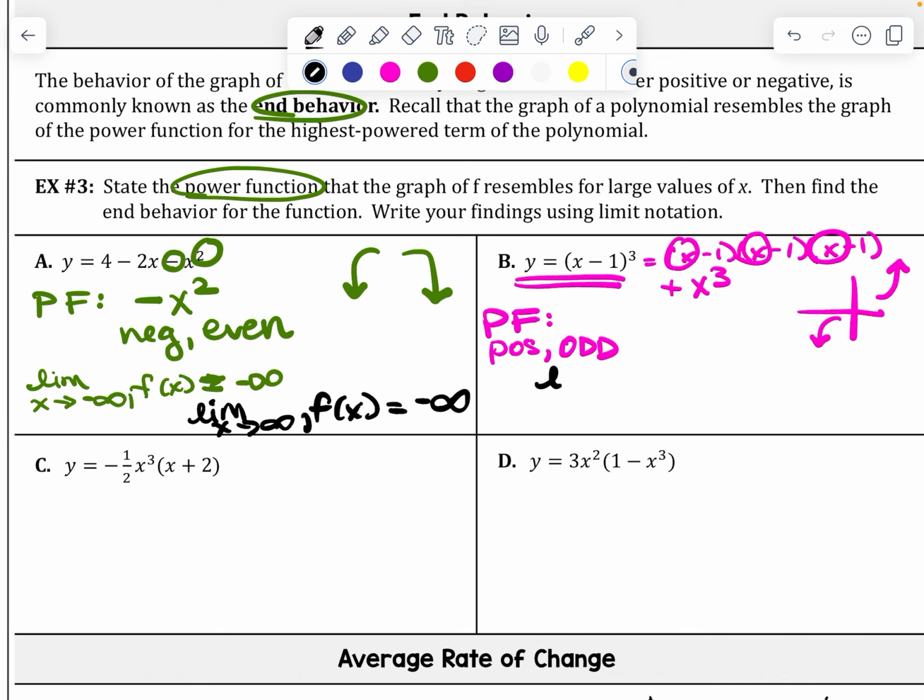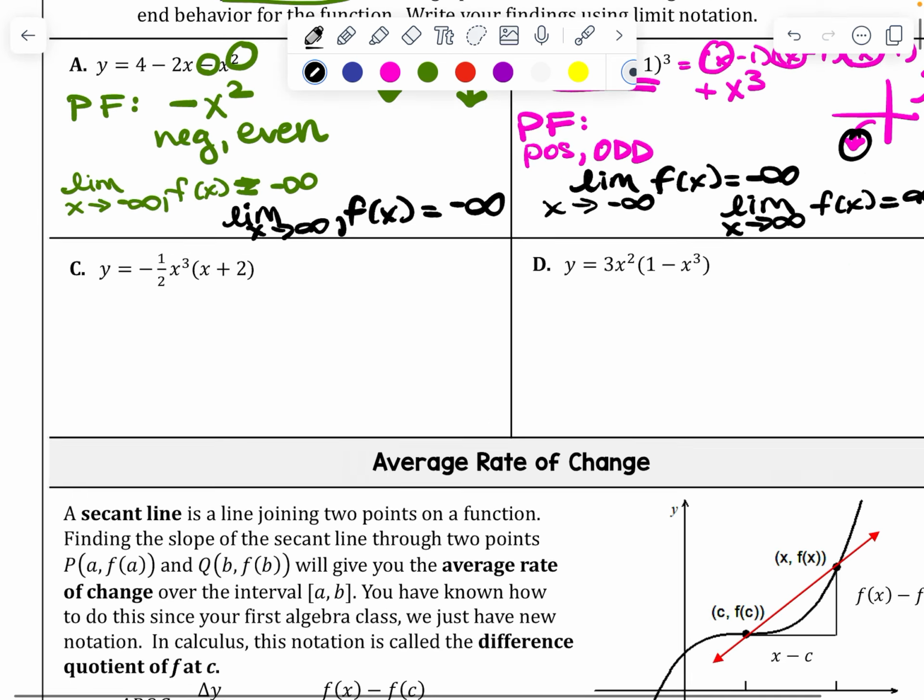So we would say that the limit as x approaches negative infinity, that's going to the left, then f of x equals negative infinity because we're going down. And the limit as x approaches positive infinity, which is going to the right, then f of x equals positive infinity as well, which is going upwards.